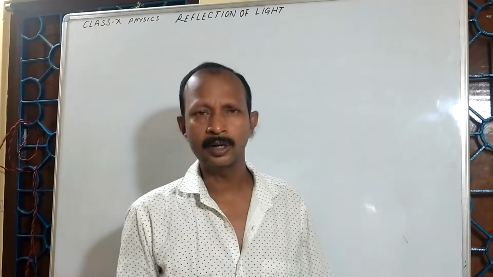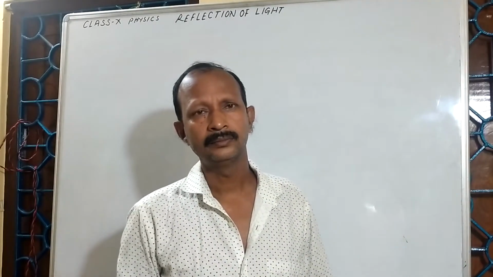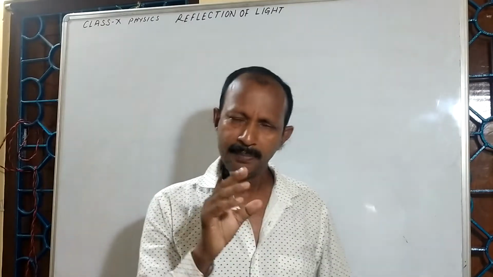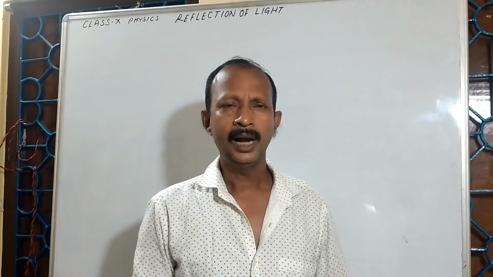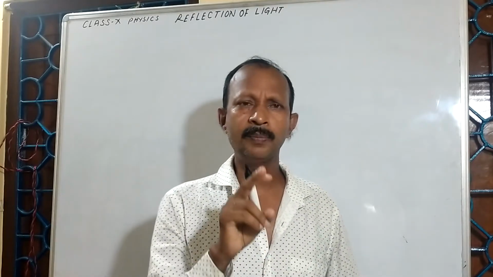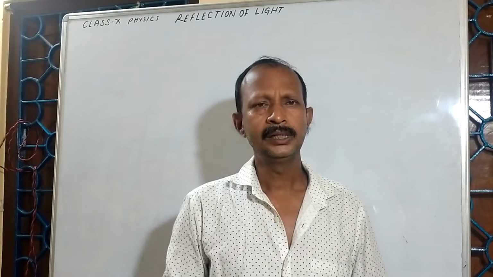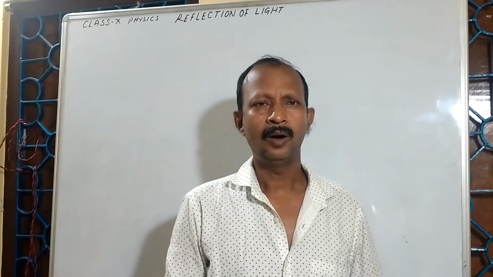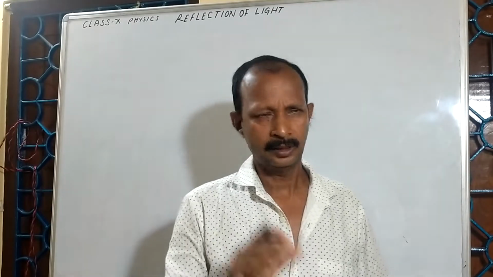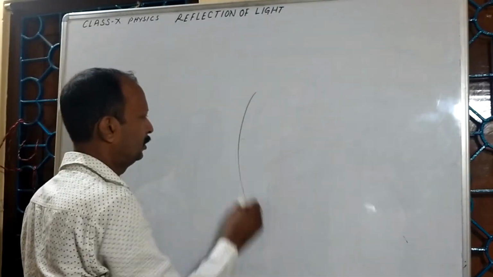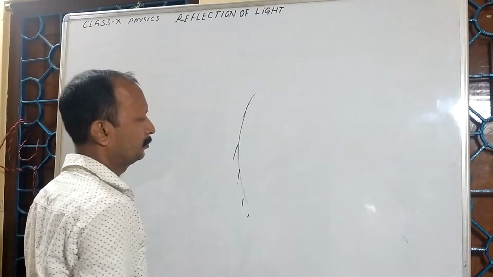An image is formed when at least two reflected rays meet or appear to meet at a point. For example, this is a concave mirror.